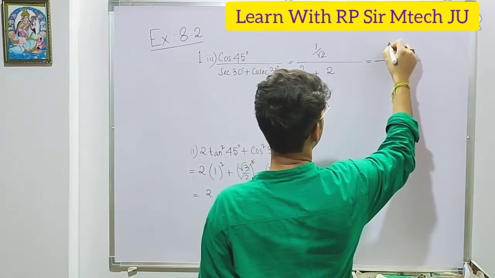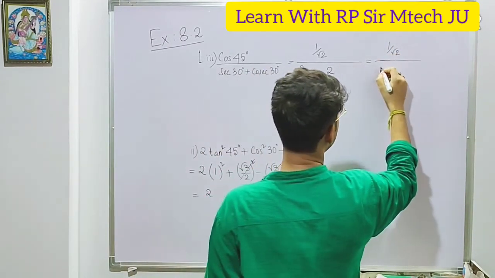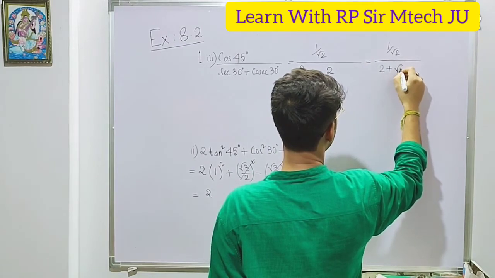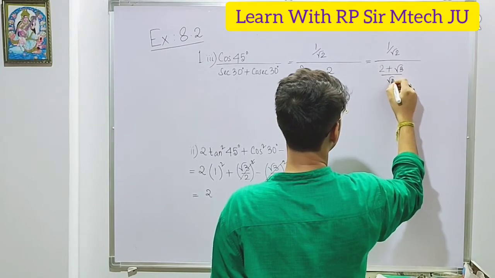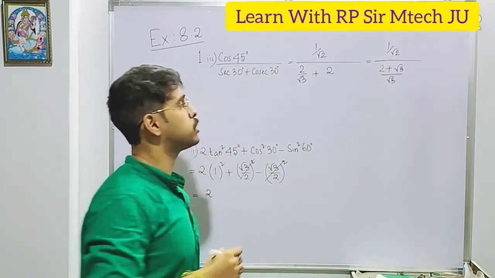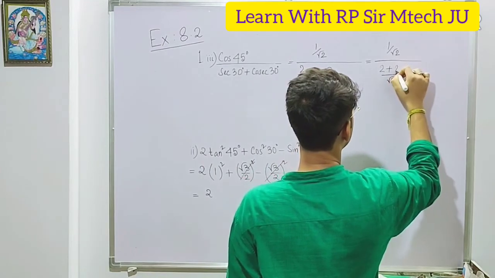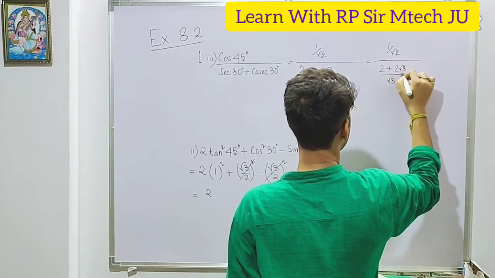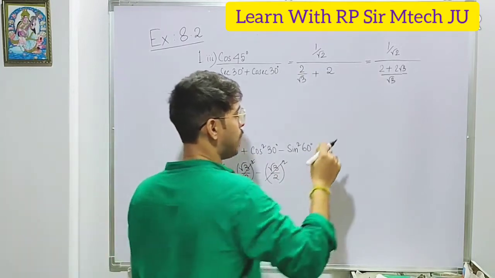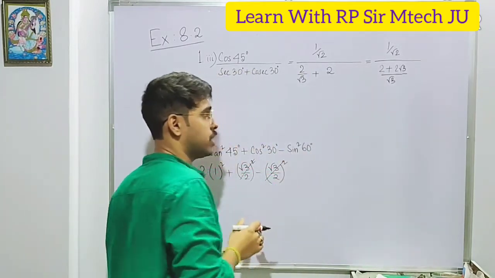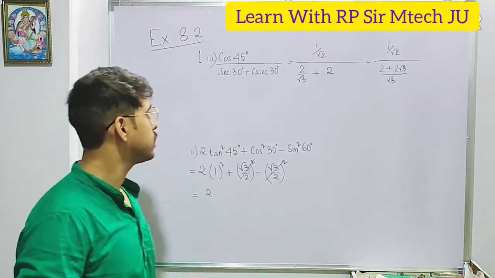So it will be 1 by root 2. And here it will be 2 plus 2 root 3 divided by root 3. Now we will have to rationalize this expression because the denominator here is not rationalized.